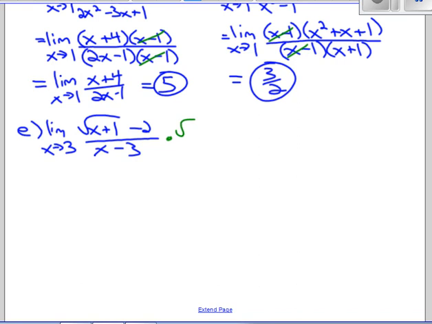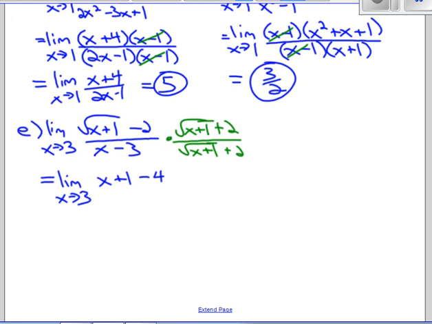When you see radicals, this is typically going to be our tactic. That means on top we're going to have x plus 1, square roots are gone, minus 4, okay, which is just x minus 3. On the bottom, we're going to have x minus 3 by, in brackets, root x plus 1 plus 2.